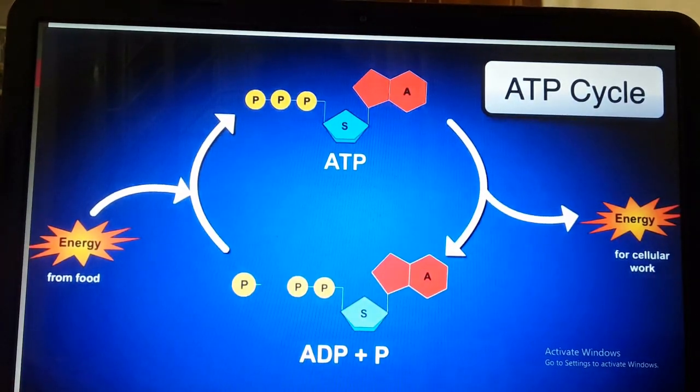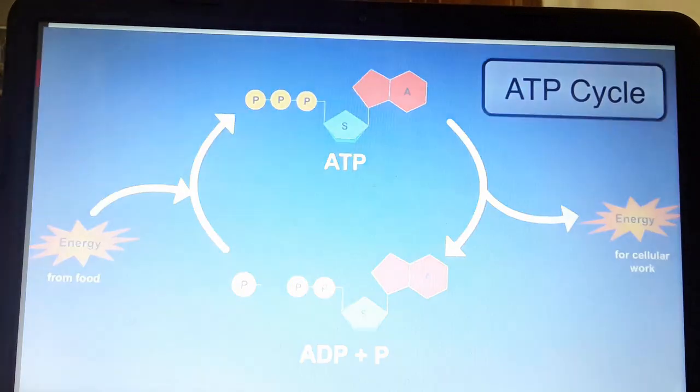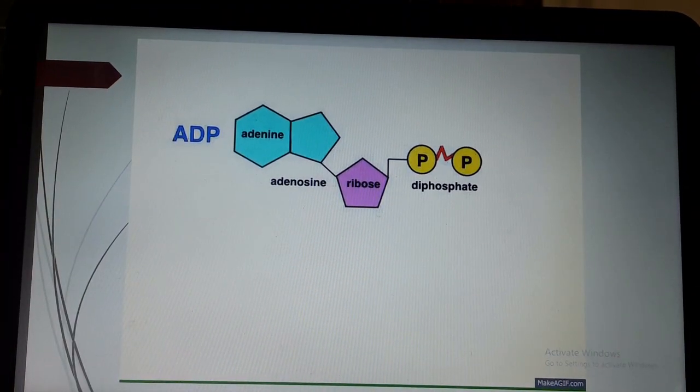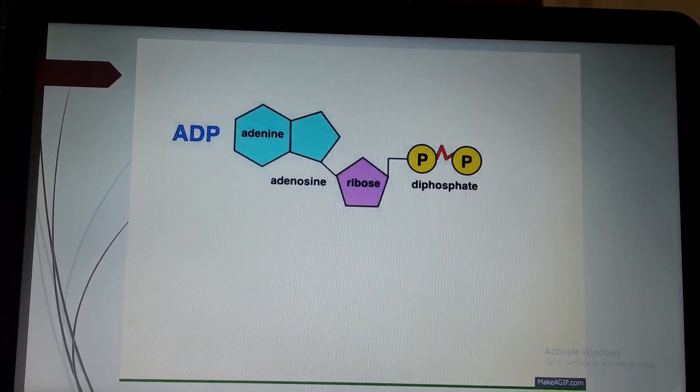That's known as the ATP cycle. So first glycolysis, then comes the Krebs cycle. Okay, then comes the ADP formation or ATP formation, the ATP cycle.